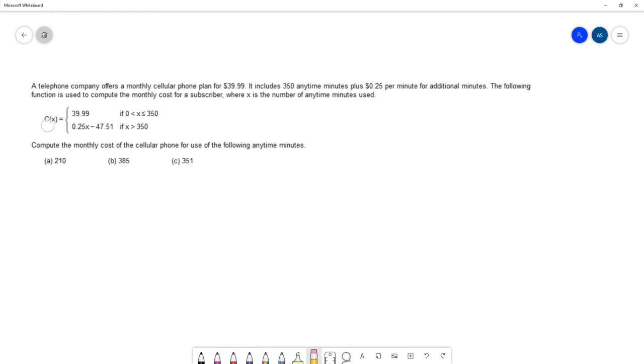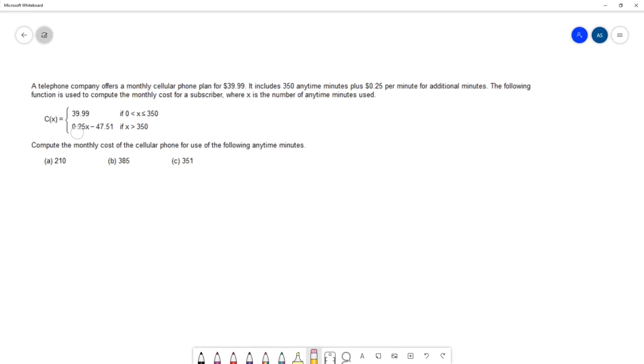So this is the cost of the plan. It's $39.99 for 350 anytime minutes, and then it costs an additional 25 cents for everything over that 350.